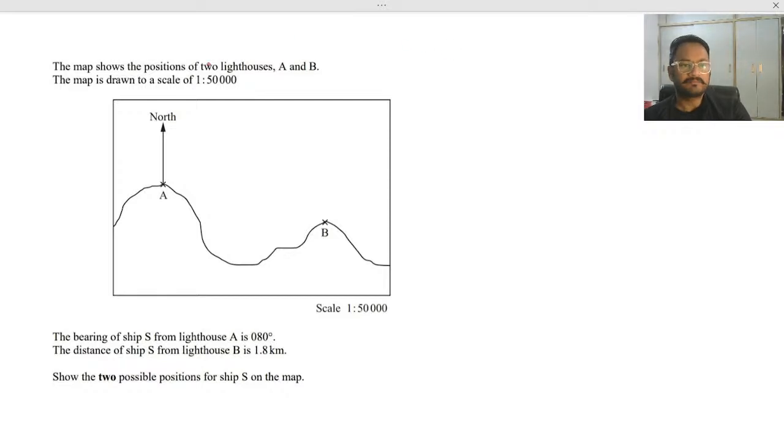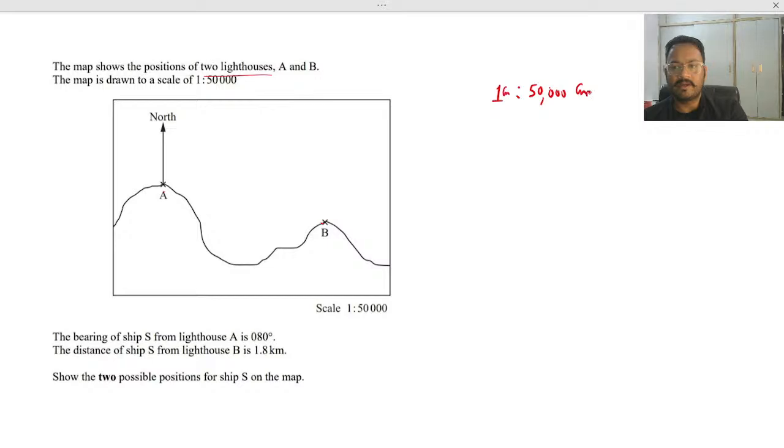Now here, the map shows the position of two lighthouses. You can see the two lighthouses. This is lighthouse A and lighthouse B. Okay, the map is drawn to the scale of 1:50,000. Okay, so this is basically 1:50,000, and this means that these are in centimeter. Both are in centimeter.